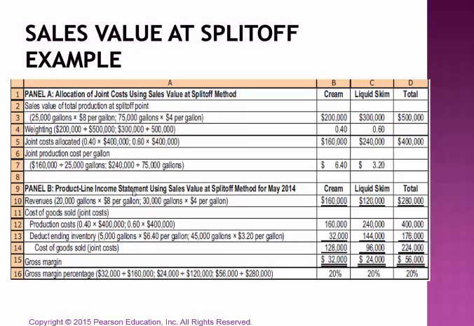Alright, so filling out an income statement using the sales value at the split-off method. Of course, we're going to calculate the revenues, and these are the actual revenues. 20,000 gallons at $8 per gallon. Notice, not 25,000, but actually selling 20,000 only, times $8 per gallon equals the 160,000.